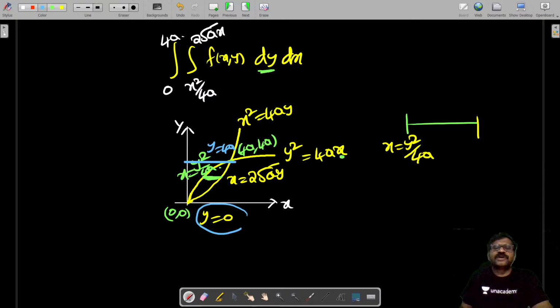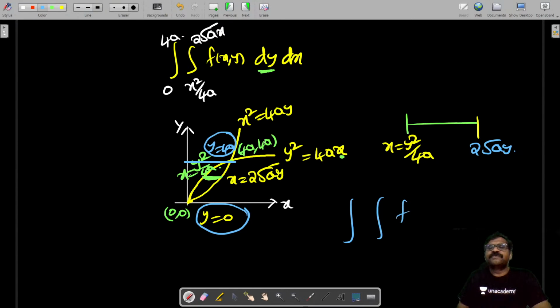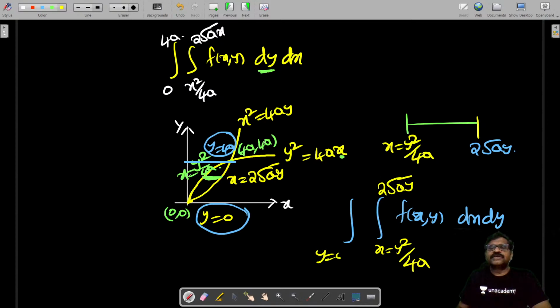So y varies from 0 to 4a, x varies from y square by 4a to 2 root ay. Double integral function of xy dx dy. Lower limit is x equal to y square by 4a, upper limit 2 root ay. y varies from 0 to 4a.